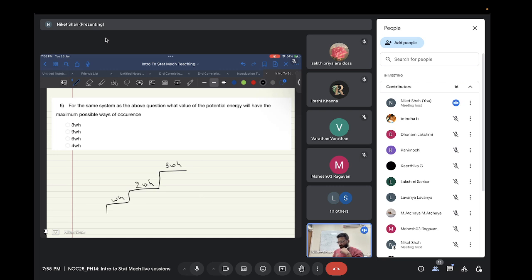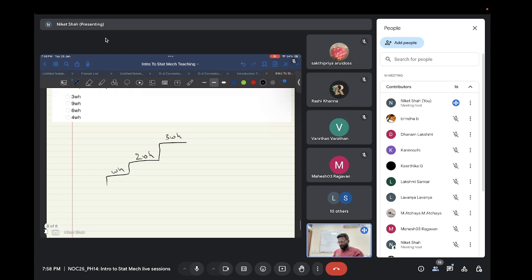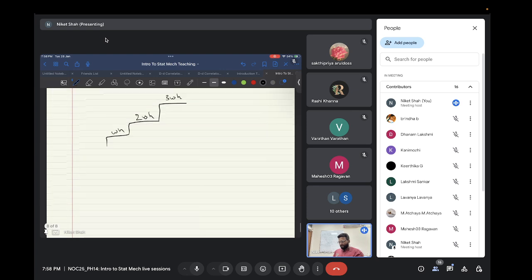Here I can't think of a directly optimal way to solve this without going through the options. So let's do this. What are the possible combinations that we can have? Everyone on step number one. So all three people on step number one. This is 3WH. That is the first possibility.